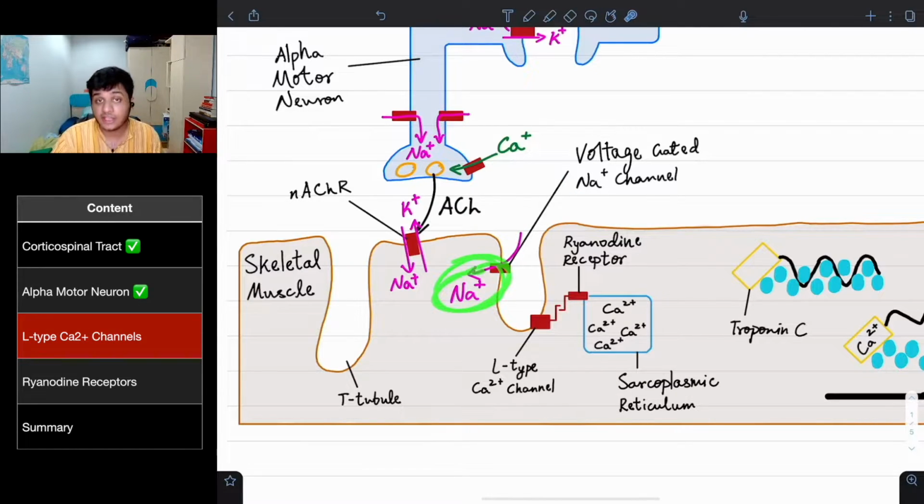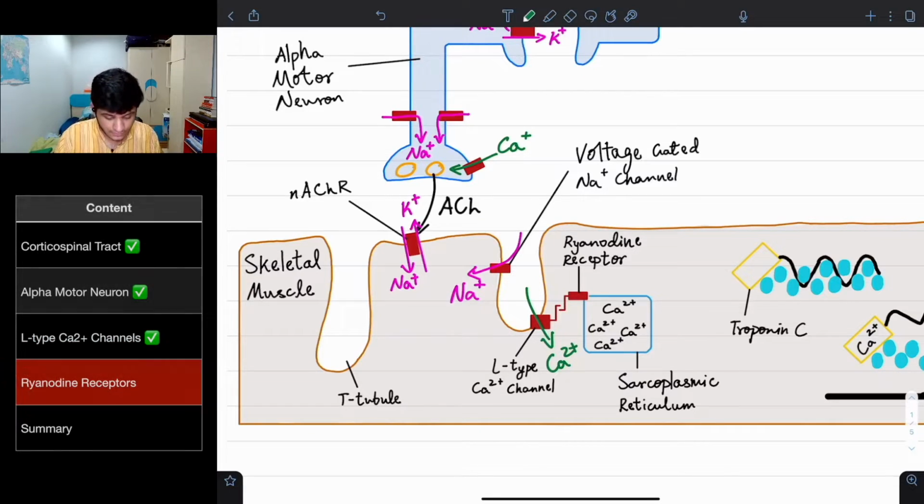Because of this further depolarization, it triggers the L-type calcium ion channels to open, okay? So these L-type calcium ion channels open due to the depolarization, so let's draw it with the green again, causing an influx of calcium ions into the cell. Okay?